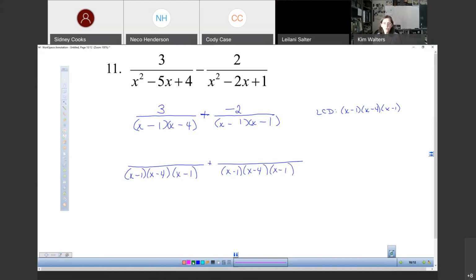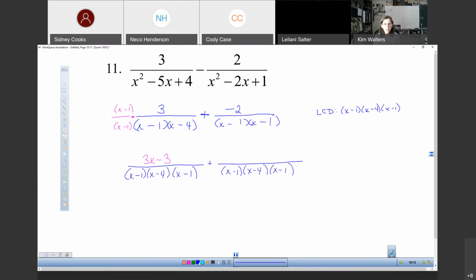So in my first fraction, I have an x minus 1 and an x minus 4. Well, my denominator has 2 of these x minus 1s. So I'm going to multiply numerator and denominator by x minus 1. And that's going to give me 3x minus 3. This is where you're going to appreciate making that plus a negative.